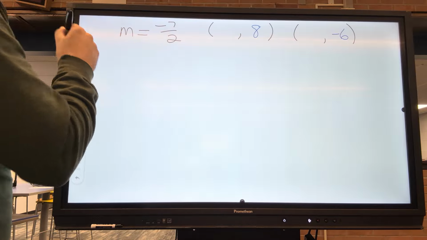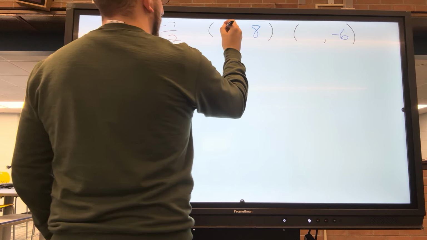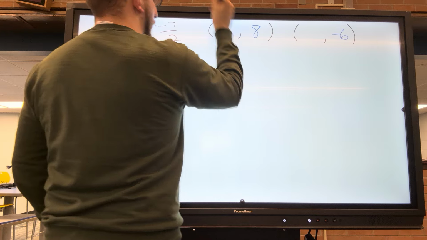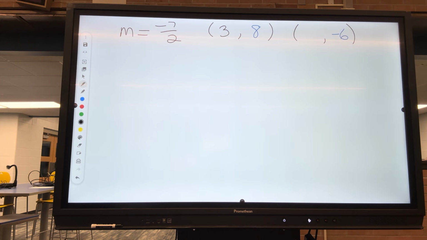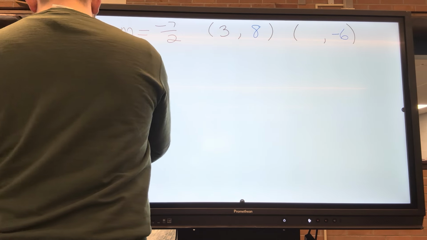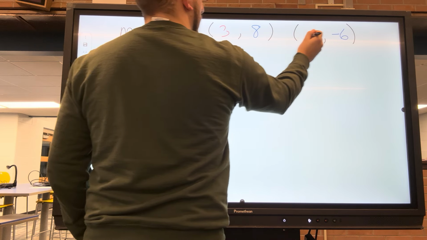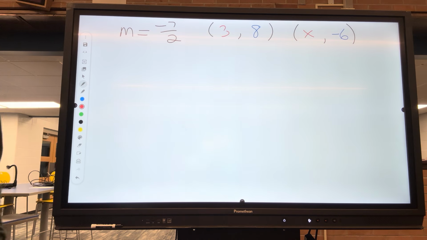And then the bottom one's going to be 3. And then we'll find the last number. Let's get that in red, just to keep consistency. Take a second to solve that, please.